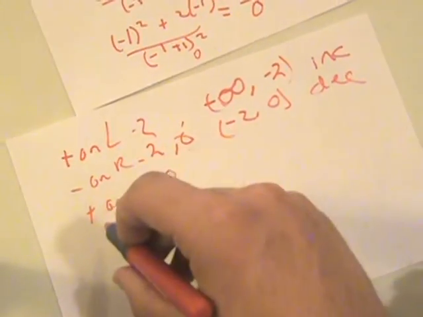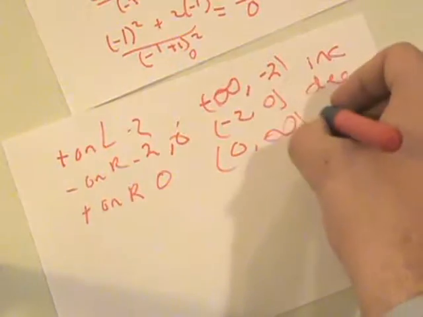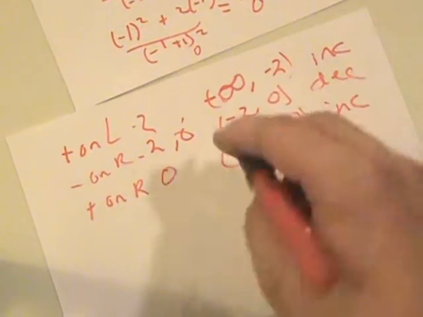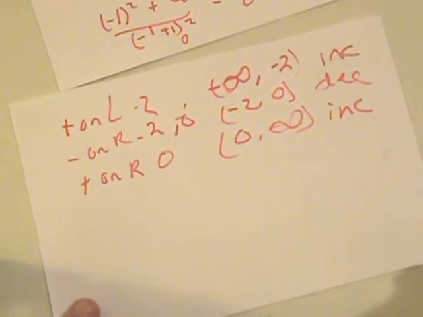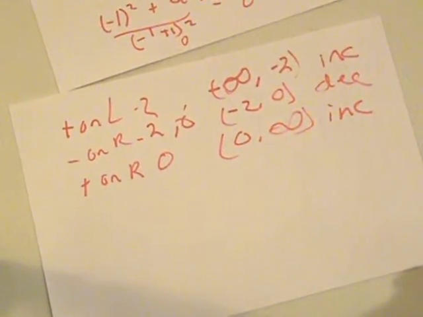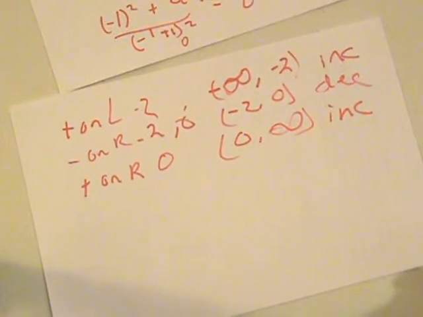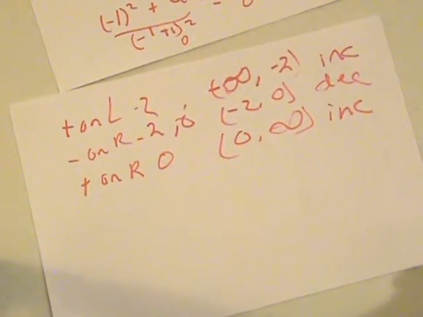And then from 0 to infinity, it is simply increasing again. So that is what the slope of the function is doing. From -infinity to -2, it's increasing. From -2 to 0, it's decreasing. And then from 0 to positive infinity, it's increasing. So that is number 10.